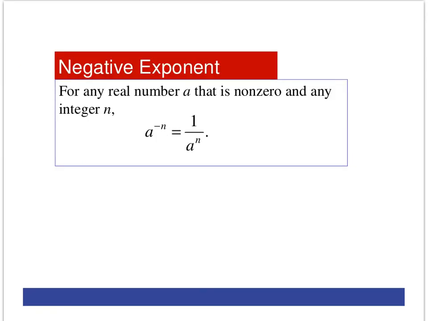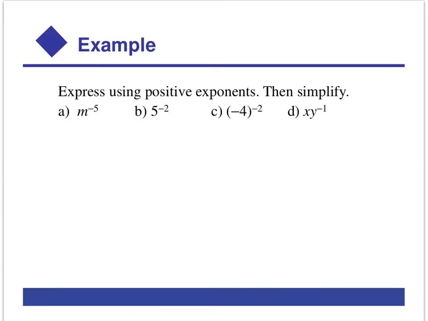Just like in English class, you have etiquette, you have to cross your t's, dot your i's, and so forth. So you can't have negative exponents. So you just bring them to the bottom if they're already in the top, and if they're in the bottom, you bring them to the top. You're just going to change them. So this becomes 1 over m to the 5th. B becomes 5 raised to the 2nd power, and that simplifies to 1 over 25.